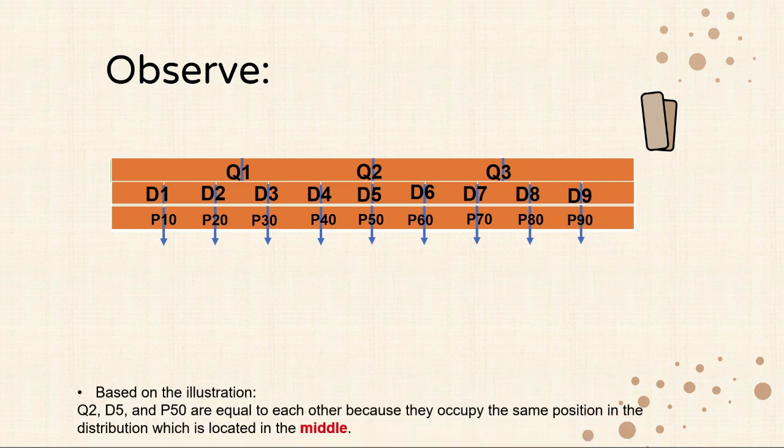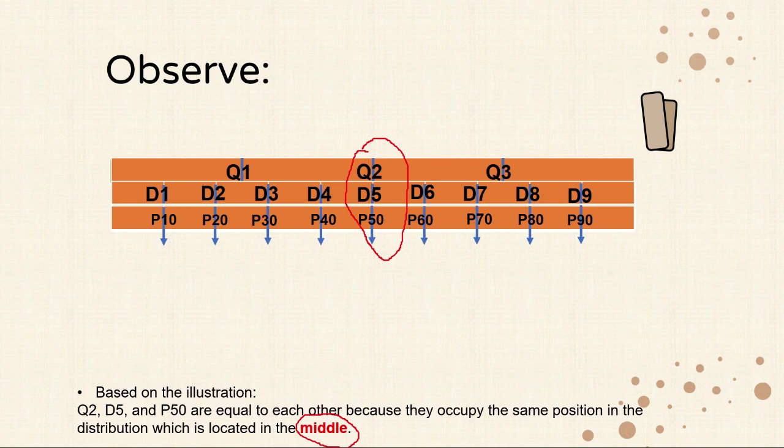Okay. If your answer is the quartile 2 and then the decile 5 and the percentile 50 are equal to each other, right? Because they occupy the same position in the distribution, which is located in the middle. Here, the quartile 2, the D5, and P50 are equal to each other.